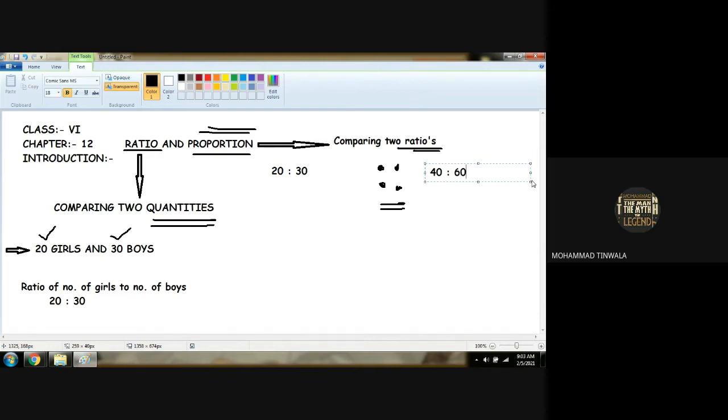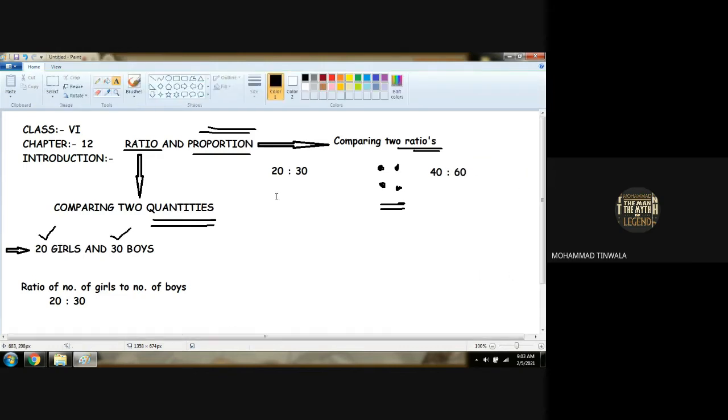Now we have to check whether both these ratios are in proportion or not. So we will calculate both. 20/30: 0 got cancelled, we get 2/3. 2 and 3 cannot be divided with each other, so the ratio is 2:3.